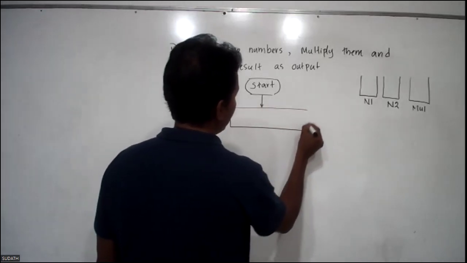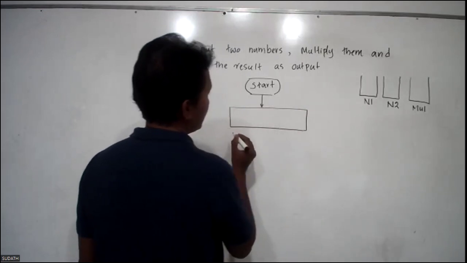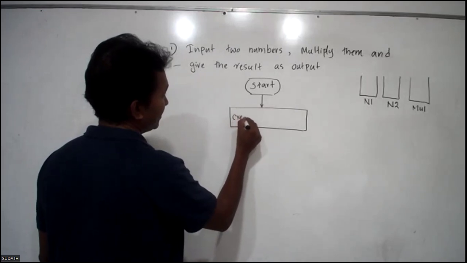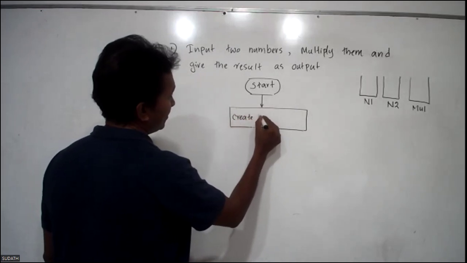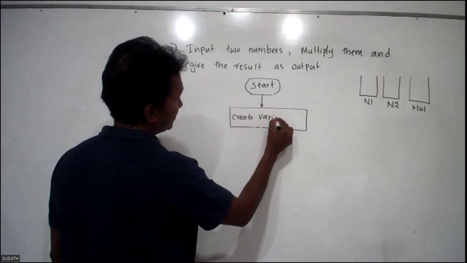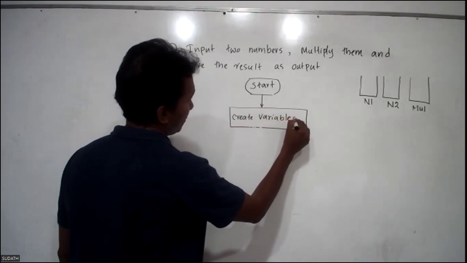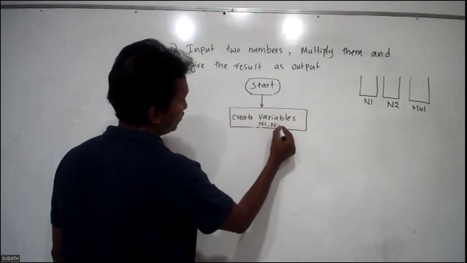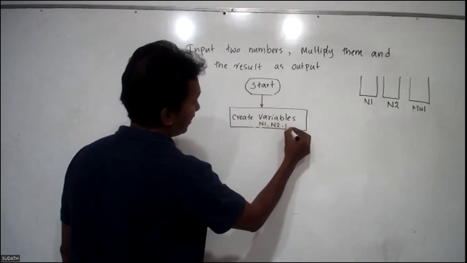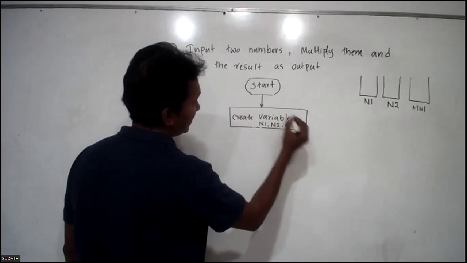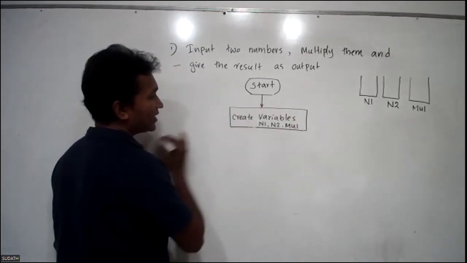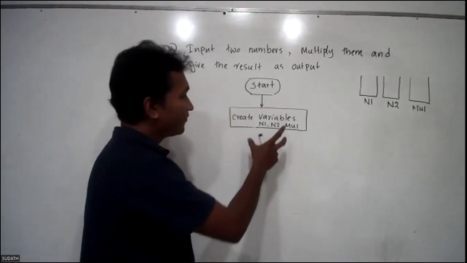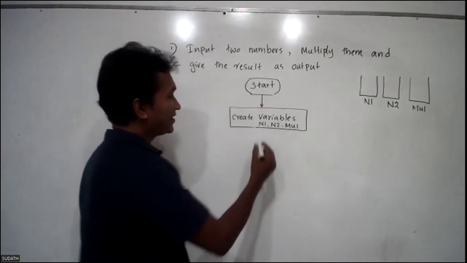This is the symbol for process. Create variables n1, n2, and MUL, that is multiplication. Done. This is our first part.